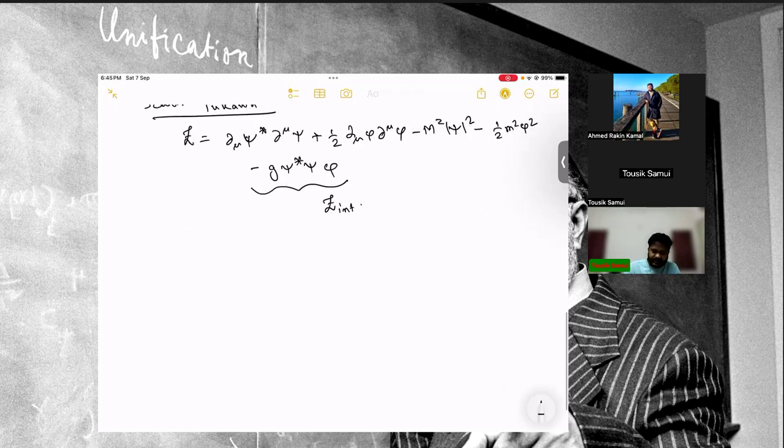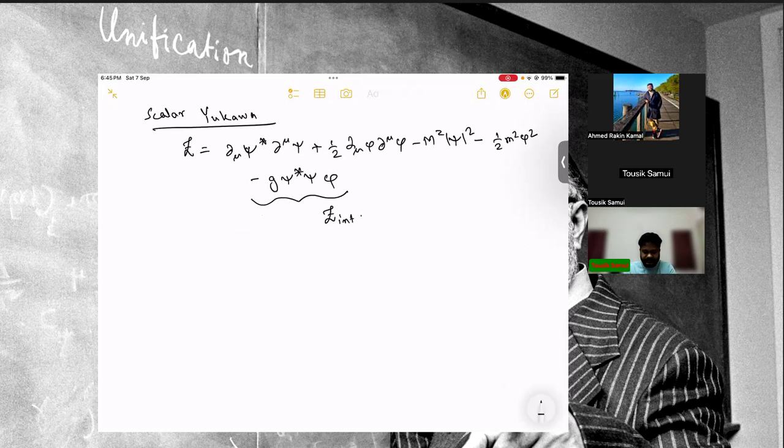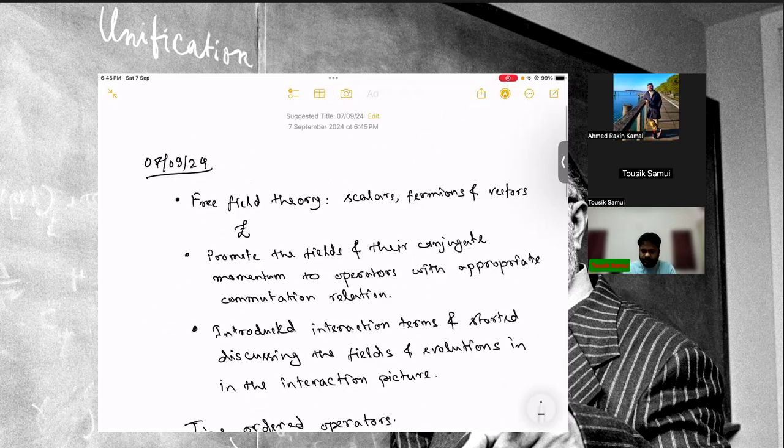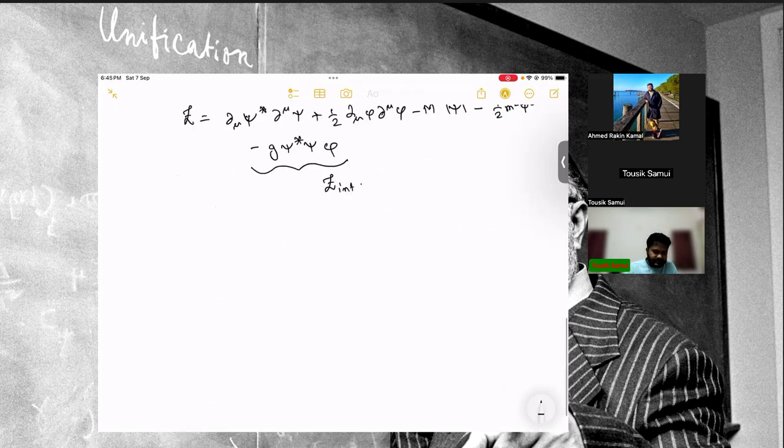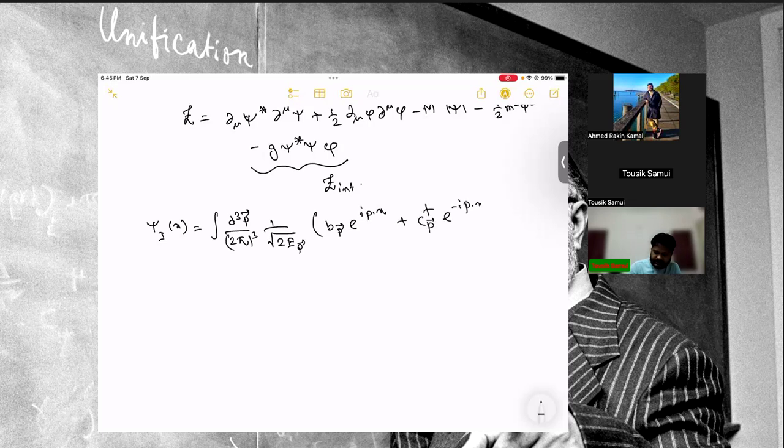Now as before, we can promote the fields to the respective operators, in terms of the creation and annihilation operators. We already defined that in the interaction picture, this operator takes the form of the integral d^3p over (2 pi)^3 with normalization 1 over root 2E_p, and then b_p(t) e^{i p.x} plus the dagger term with e^{-i p.x}.